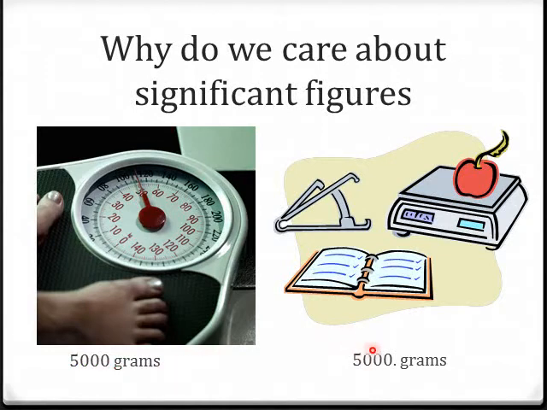I actually know the numbers. Here, we just put these zeros because I need this to be 5,000, and I don't really know what the numbers are. So we would say this has 1 significant digit, while this one has 4: 1, 2, 3, 4, because I know all of these numbers. They're all significant, meaning they have meaning to them. I know what they actually are.